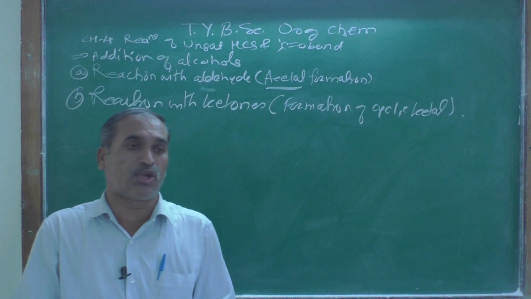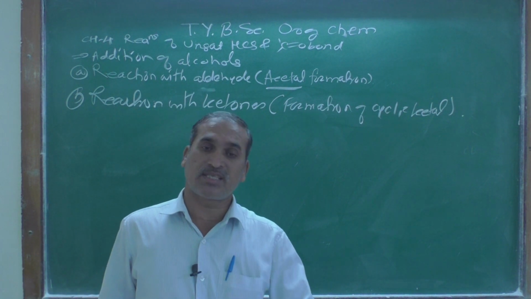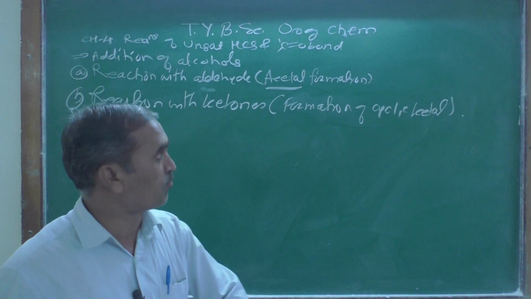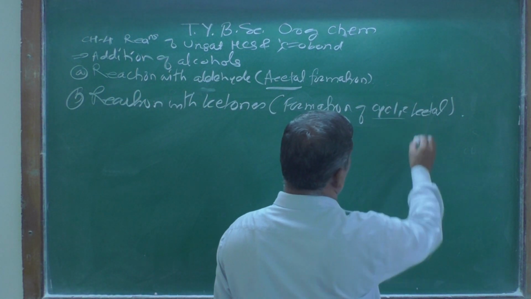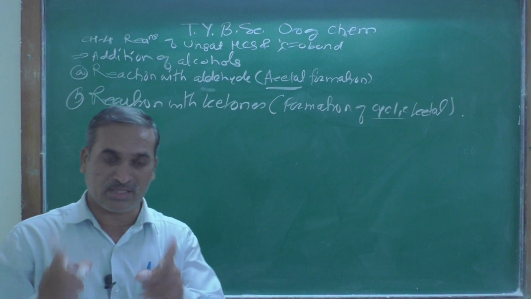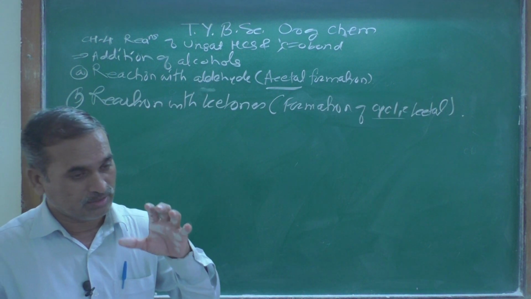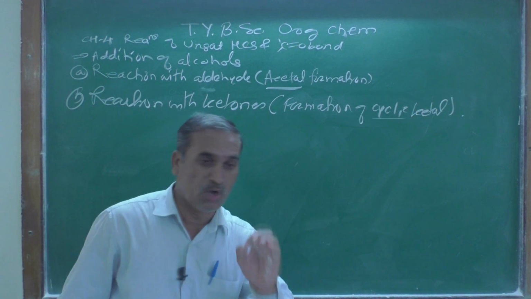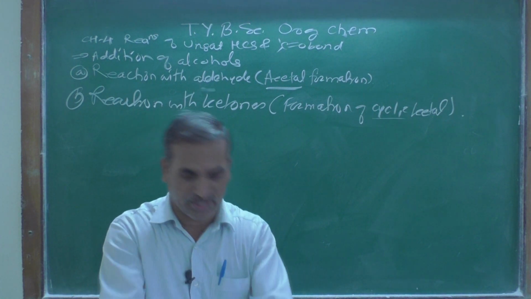Because the reactivity of the ketone is less compared to an aldehyde, there will be formation of the cyclic product. Why cyclic? Because the ketone does not react with a monohydric alcohol.